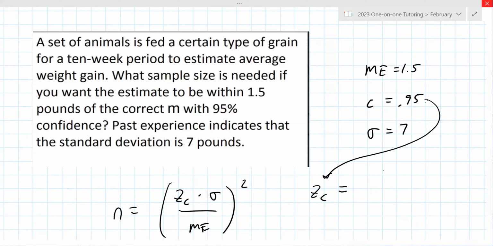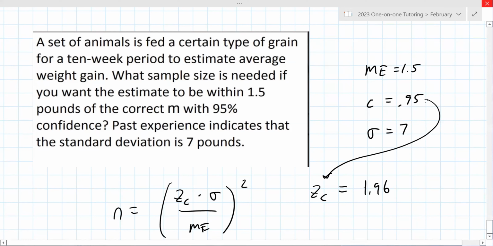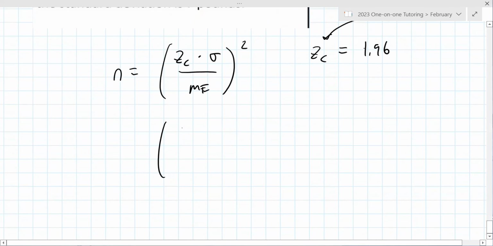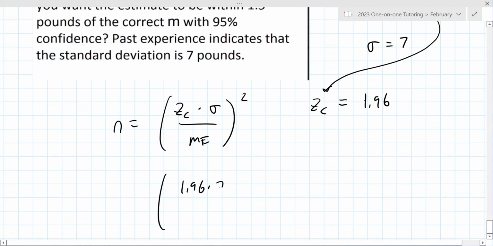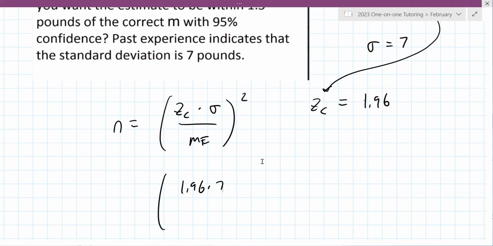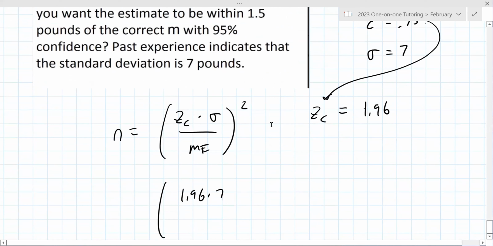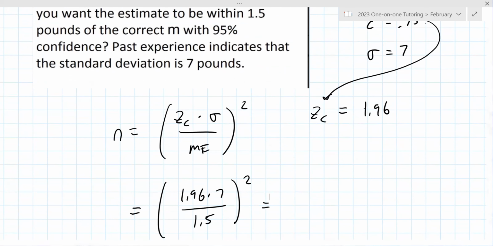Negative 1.96. Good. So you go to your formula here, 1.96 times your sigma, which is 7. Your margin of error is 1.5. Do you remember what the last thing you do once you calculate this value is? Just one little extra thing that has to be done.